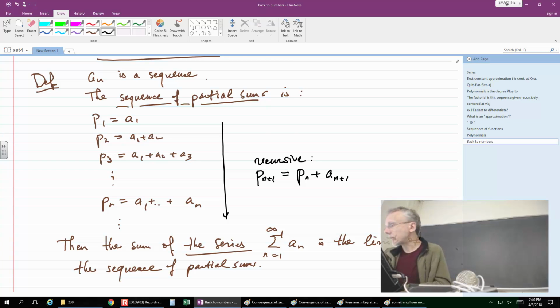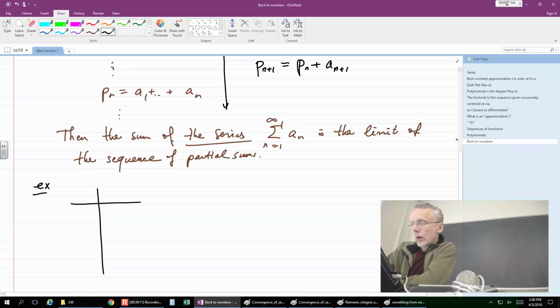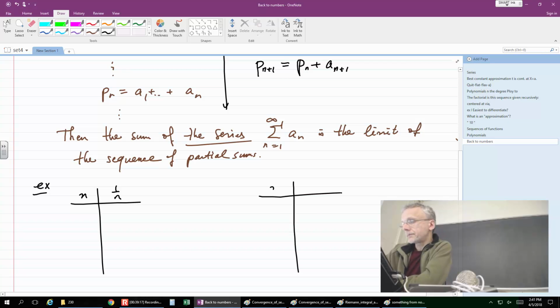Okay, let me give you an example of what I'm talking about. Two sequences that are familiar are 1 over n and 1 over 2 to the n. Okay, so then this is a_n. I'm talking about the sequence a_n.